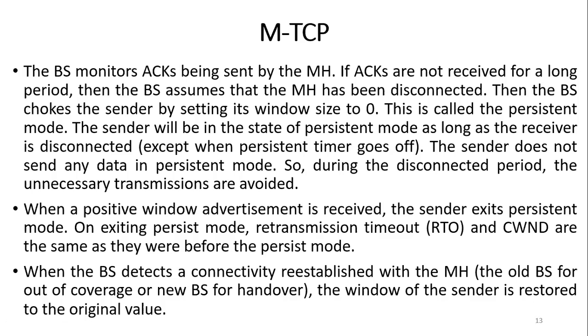It remembers that. And once it gets a positive advertised window field, it resumes its operation with the same CWND. The timeout period and congestion window will be the same as it was before entering the persistent mode.